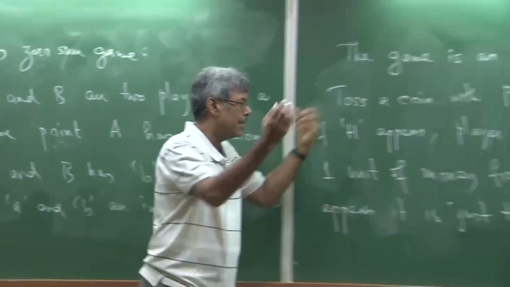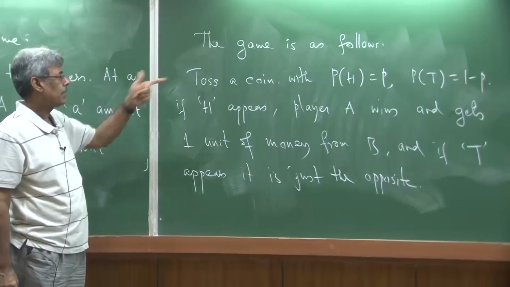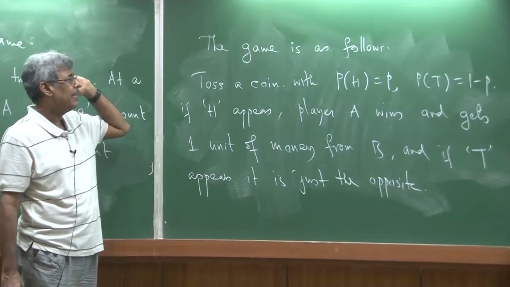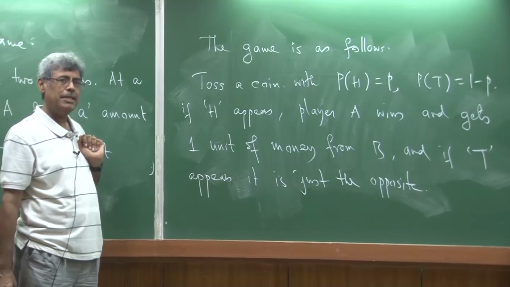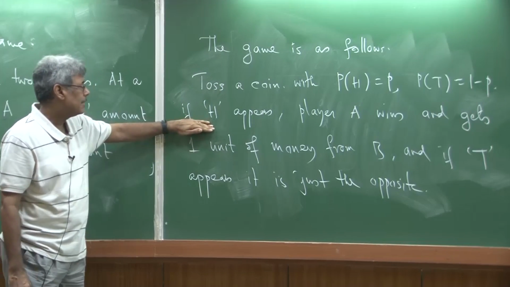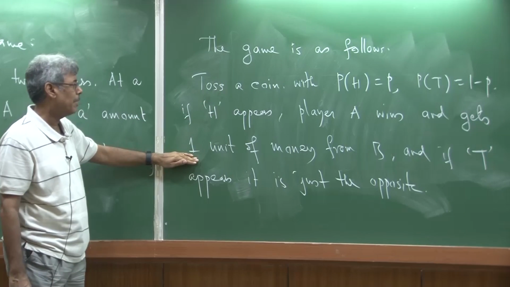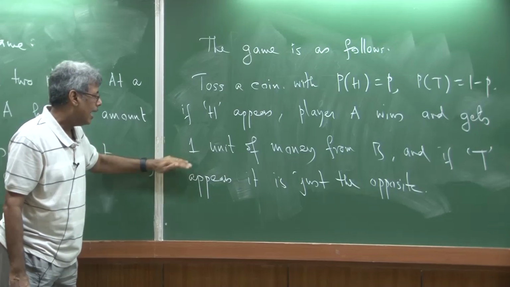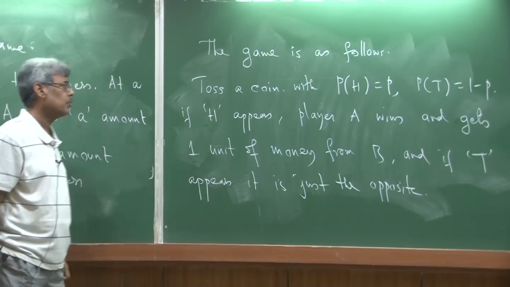You toss a coin. If the probability of head is p and the probability of tail is 1 minus p, if head appears, player A wins, which means he gets 1 unit of money from player B, and if tail appears, it is just the opposite.